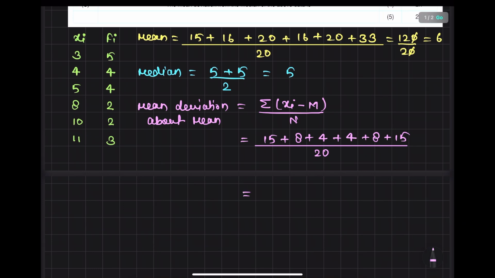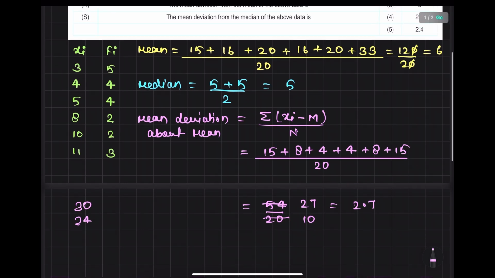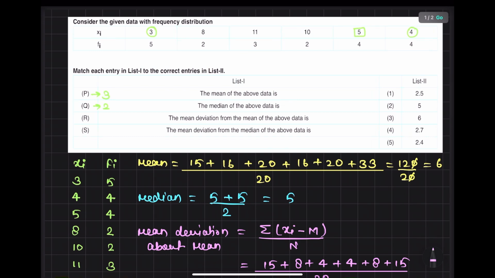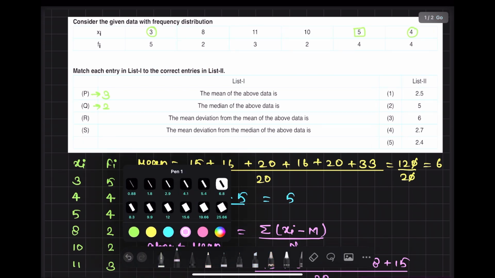So 15 and 15 is 30, and then 24, so it is 54. So we got 54 by 20, so we can divide, 27 by 10, so it is 2.7. Okay, so mean deviation about mean is 2.7, that is option 4. So we will connect R with 4.